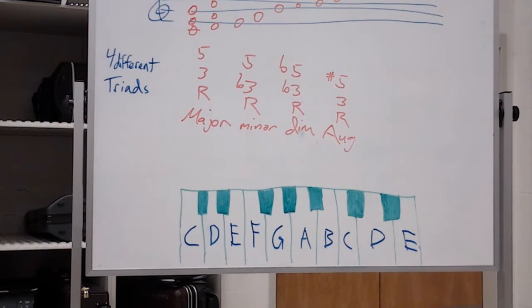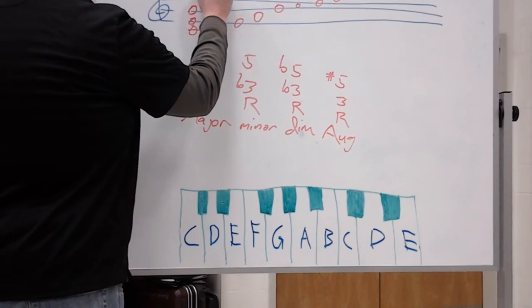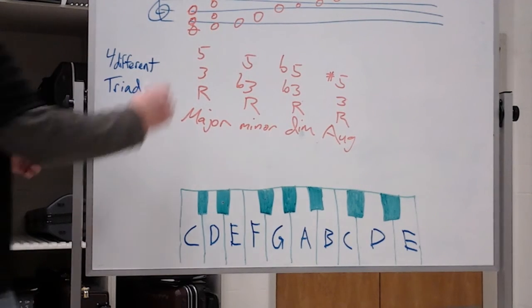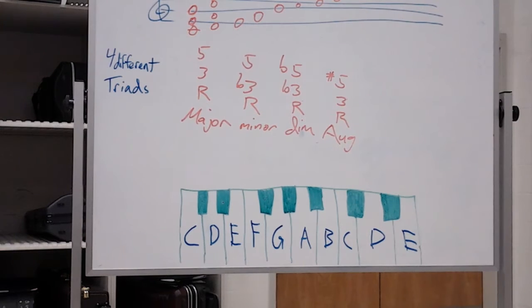So since the root to the 3rd in the D chord here is only 3 half steps, it's actually a minor triad, giving us a D minor triad. Okay? And this is going to be the 2 chord in the key of C major, so I'm going to do a lowercase Roman numeral 2, indicating that it's the 2nd position, the supertonic chord in C major.